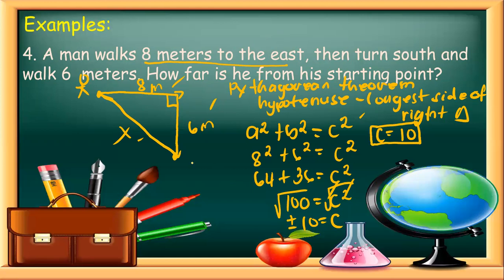All right. So the x here is 10, or the distance of the man from the starting point is 10 meters. Now to check if our answer is correct, let's just apply the formula. The sum of the squares of the two shorter sides is equivalent to the square of the longest side.